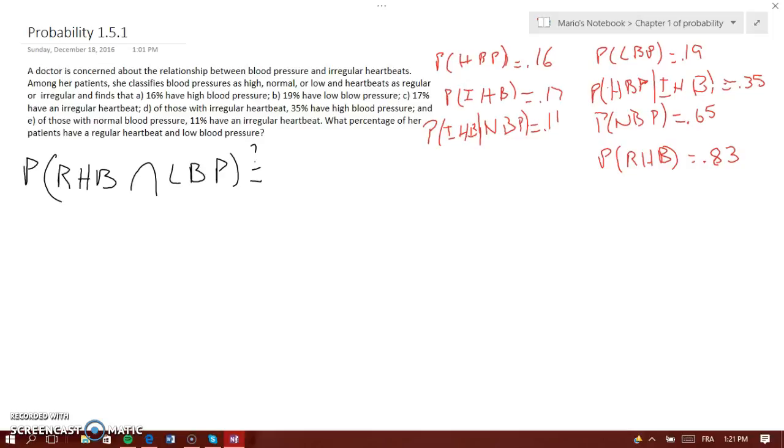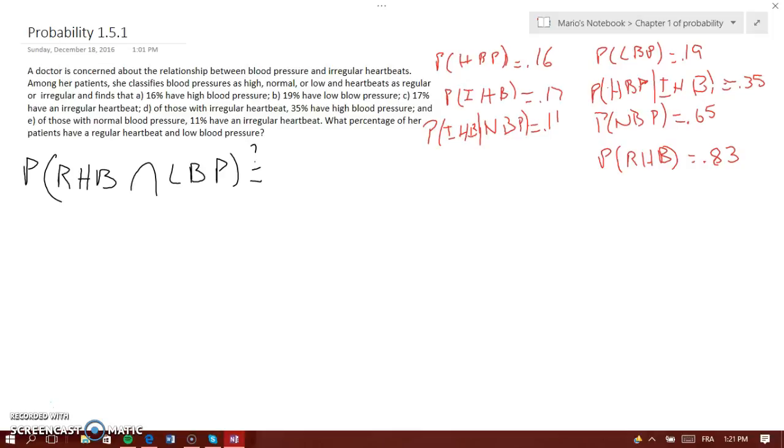So we are given that probability of high blood pressure is 0.16, probability of low blood pressure is 0.19, probability of irregular heartbeat is 0.17, probability of high blood pressure given irregular heartbeat is 35% or 0.35.